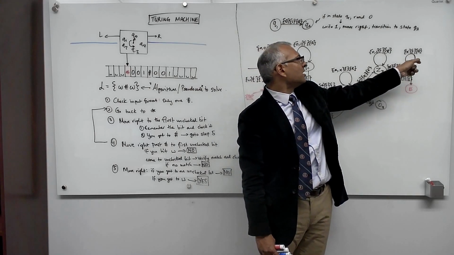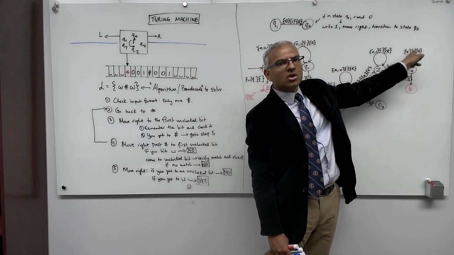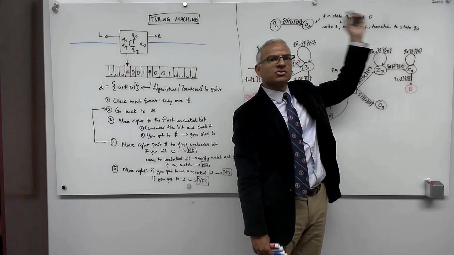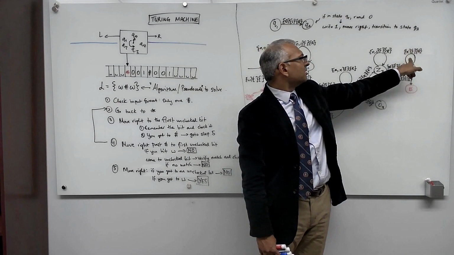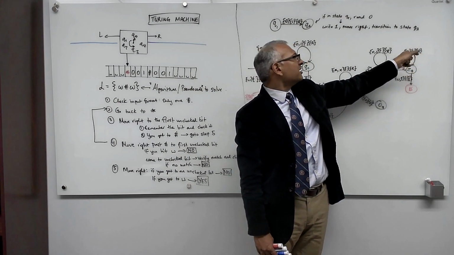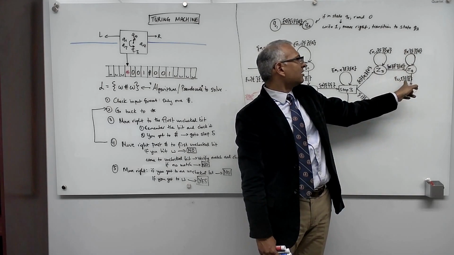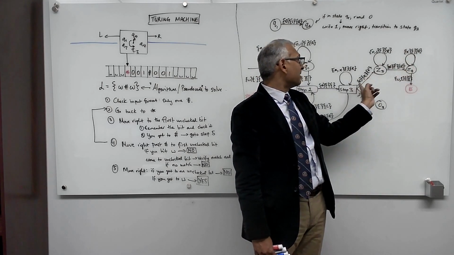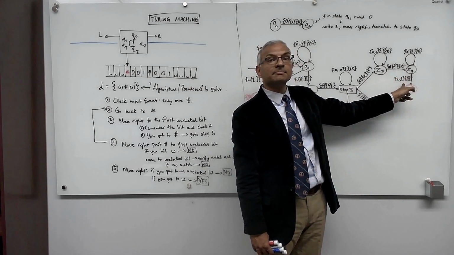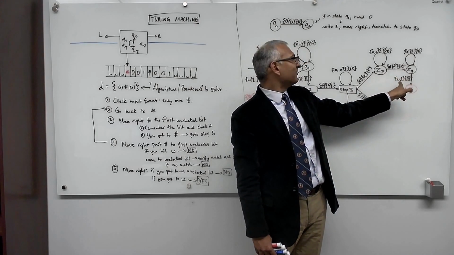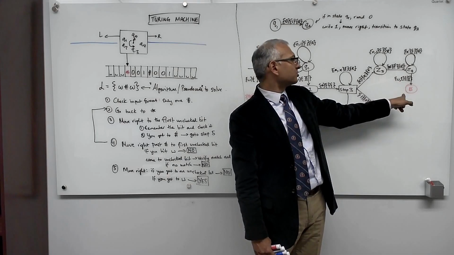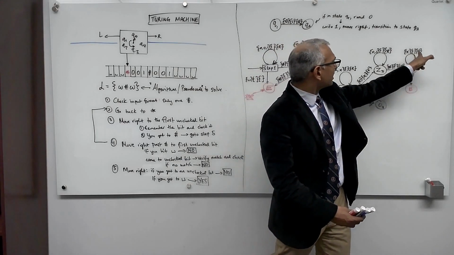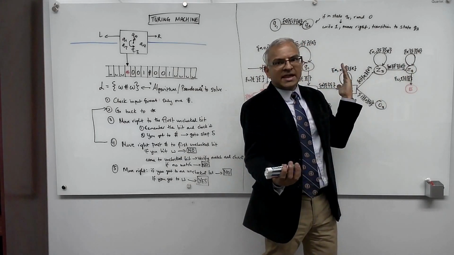In Z4, I'm moving right as long as the bits I see are marked, because those have already been matched. The only thing that can happen other than seeing marked bits is I come to blank, 1, or 0. If I come to 1, it's not matched. If I come to blank, there are not enough bits, so I reject. If I come to 0, I have matched.